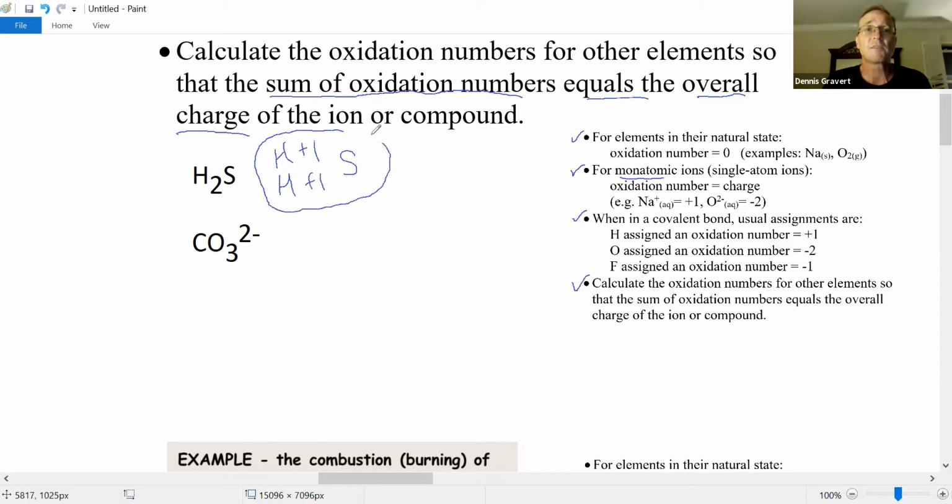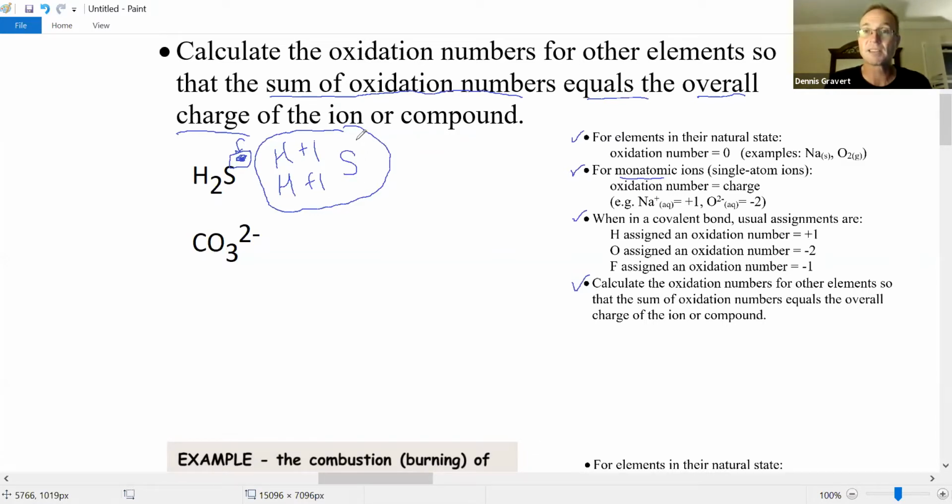Well, you have to add up everybody's oxidation number so that it equals the overall charge, which should have been listed here, and it's not because it's 0. This is a neutral compound. So we need the +1s of all the H's and the oxidation number of sulfur to be something so that everything adds up to 0.